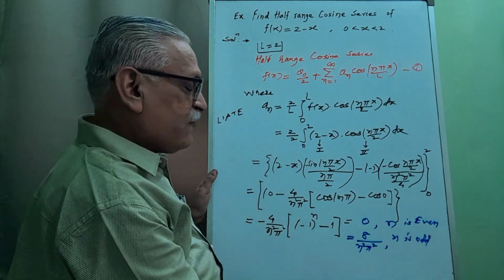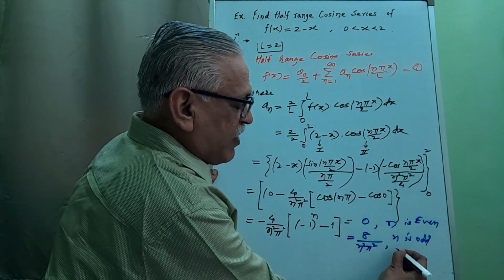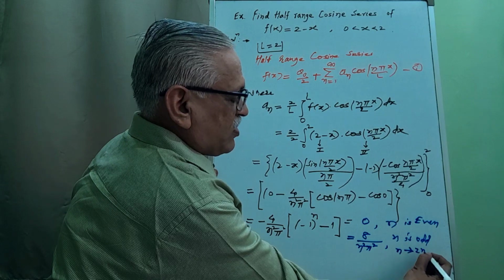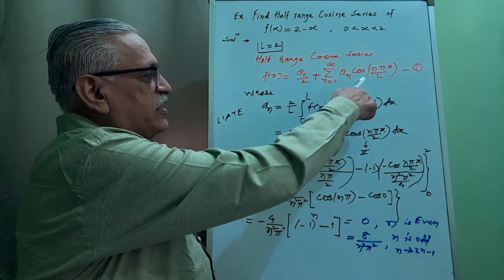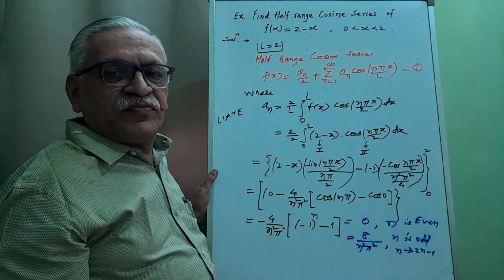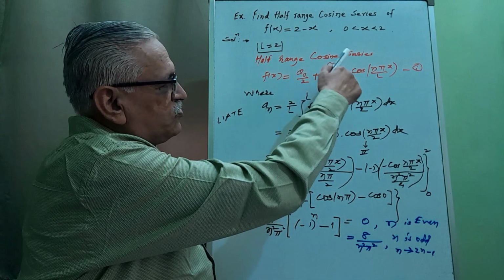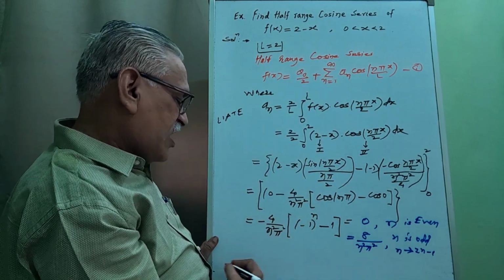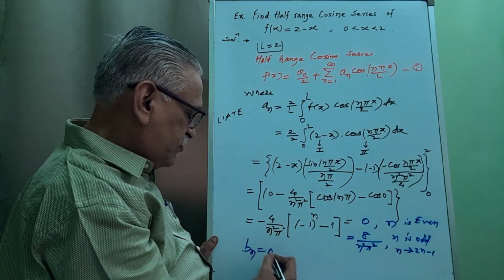As it exists for odd values only, we have to replace n by its general term, which is 2n minus 1. While substituting this value in equation number 1, we have calculated the values of a0 and an, and for the half range cosine series, the value of bn is 0.